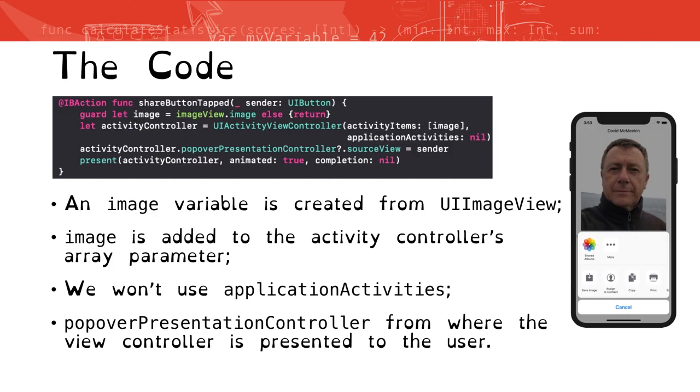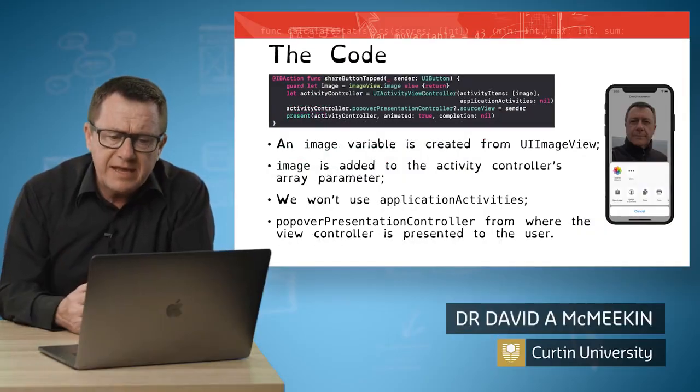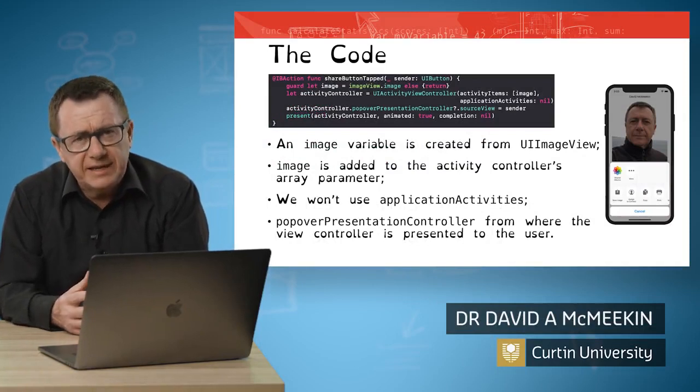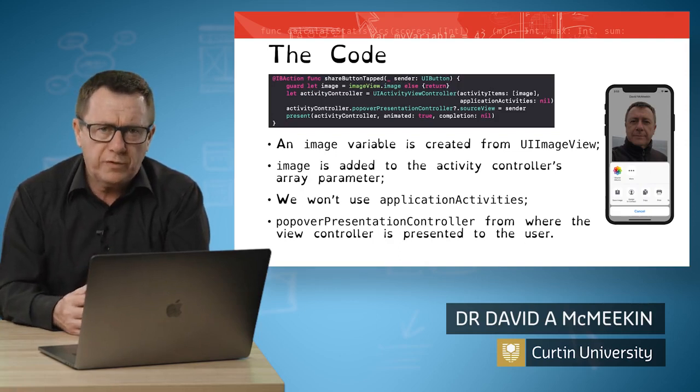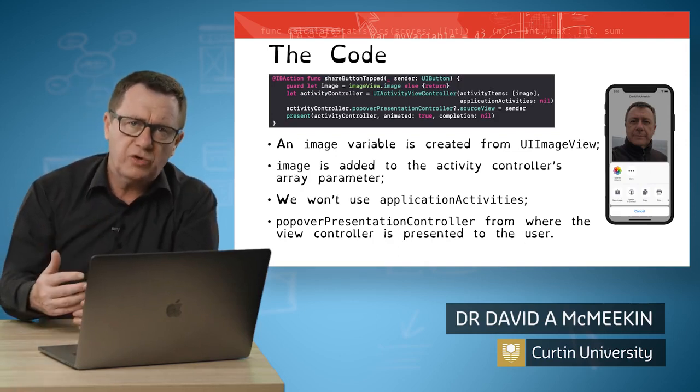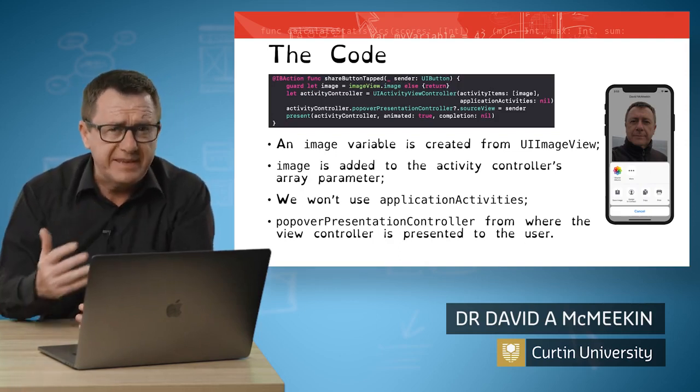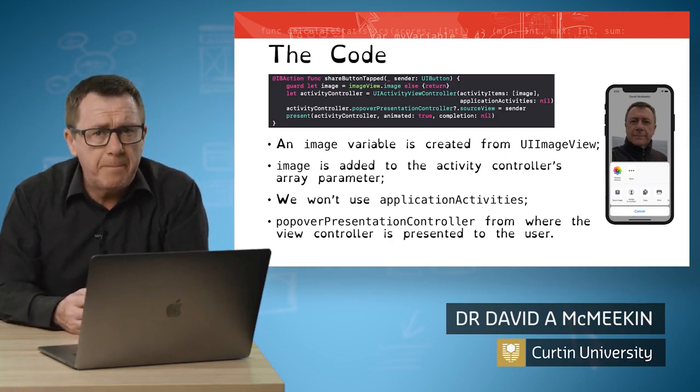But on an iPad, for instance, we can choose how and where that will be presented to the user. And in the screencast, we'll be creating this app that you see there from scratch, and we'll work through it, modifying the code as we go to cover all of the different buttons there.